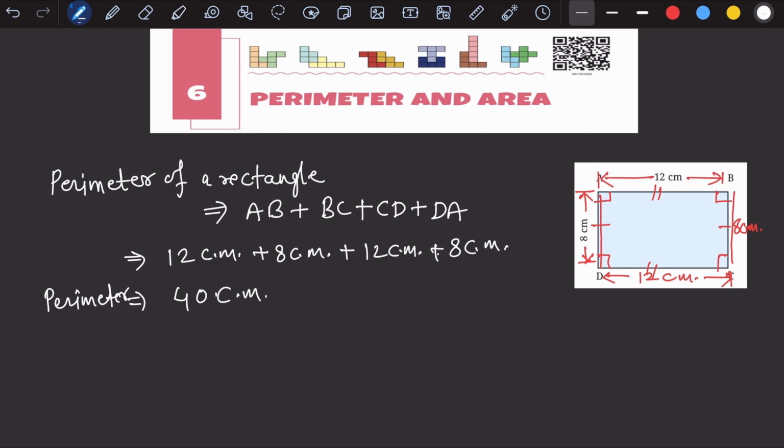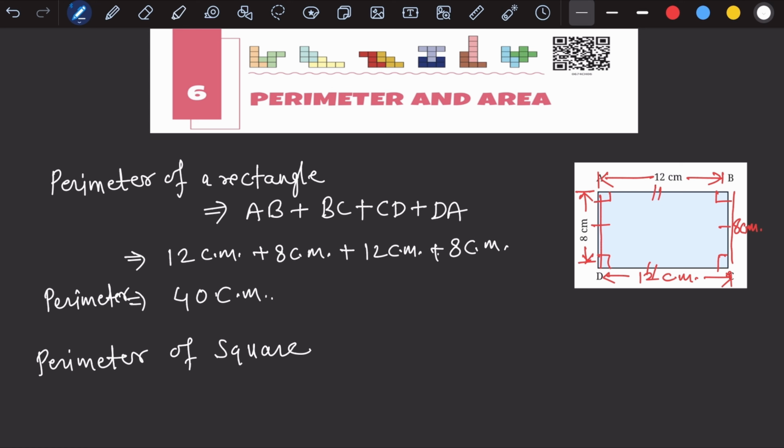Okay, now if we want to calculate the perimeter of a square.